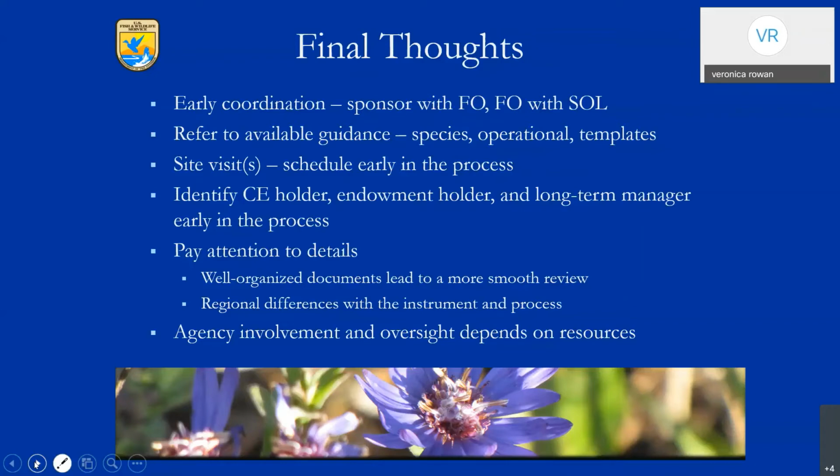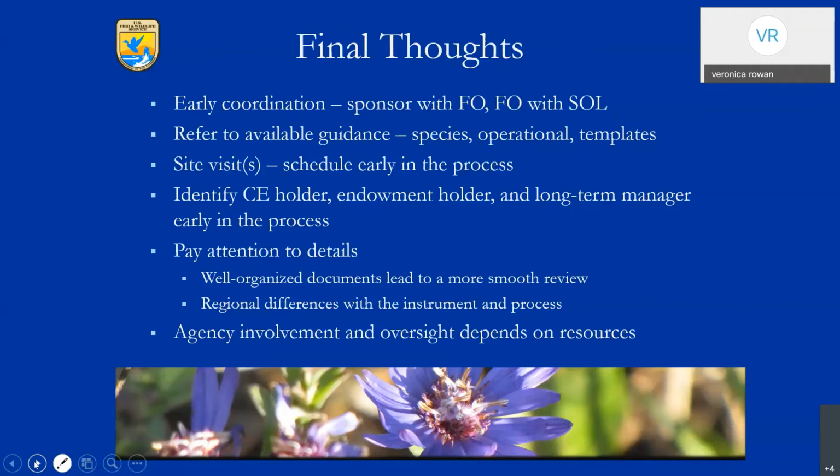And so we don't want to leave anything ambiguous or vague, because 10 years, 15 years down the road, there could be a situation where the people that were involved in establishing the bank, both on the review team, are long retired, and then they have to pick up a bank document and go, oh, I don't understand what that means. What does that mean? So we want to make sure that all of that is defined and well understood.